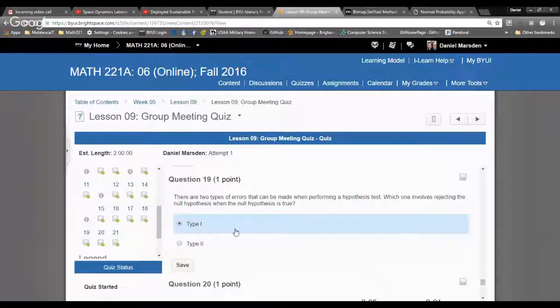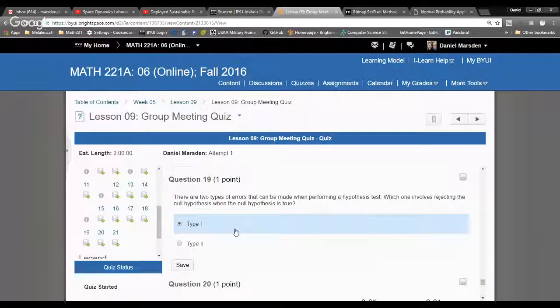Okay. There are two types of errors that can be made when performing a hypothesis test. Which one involves rejecting the null hypothesis when the null hypothesis is true? Isn't that type 1? Yeah.